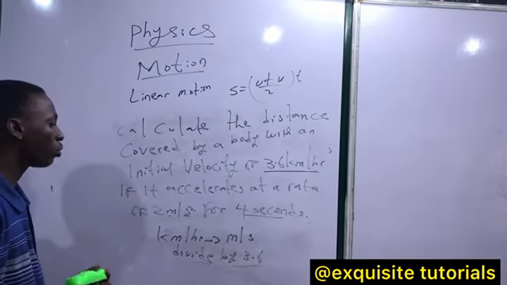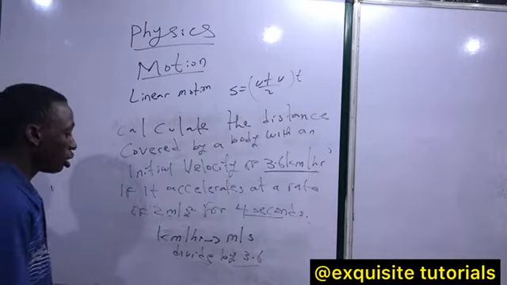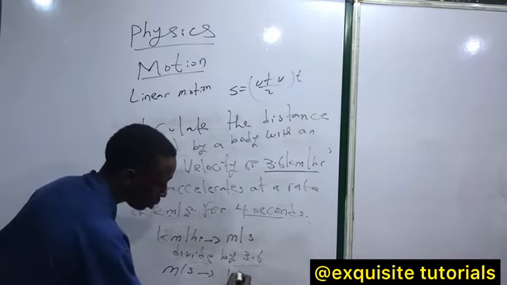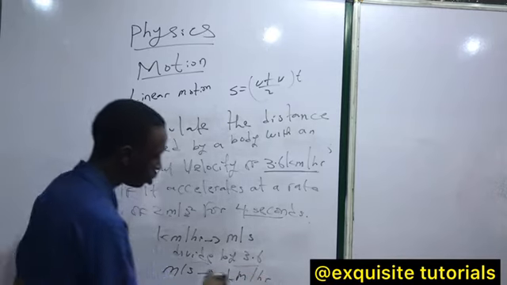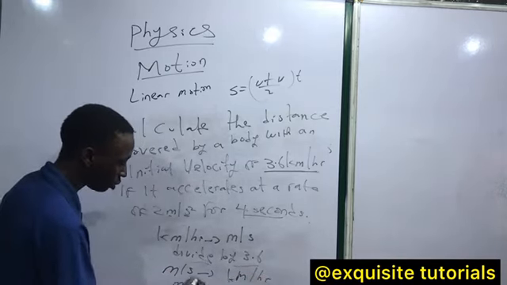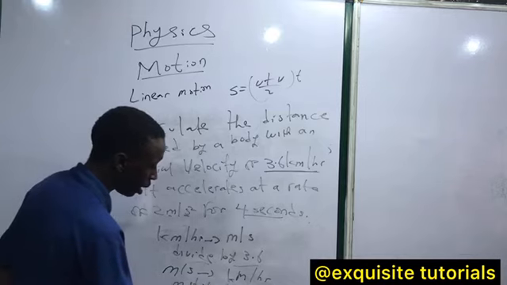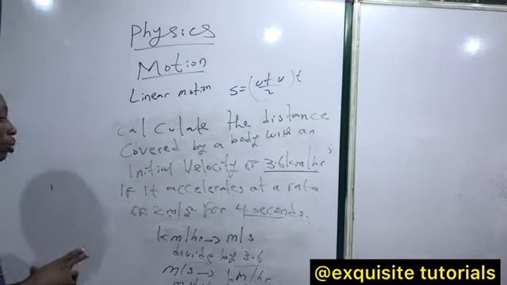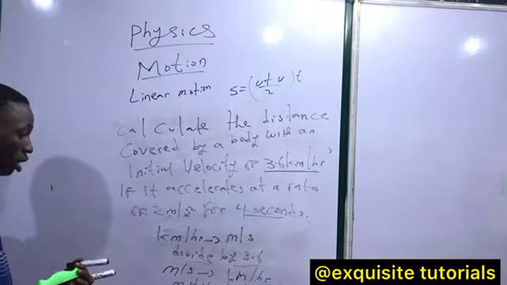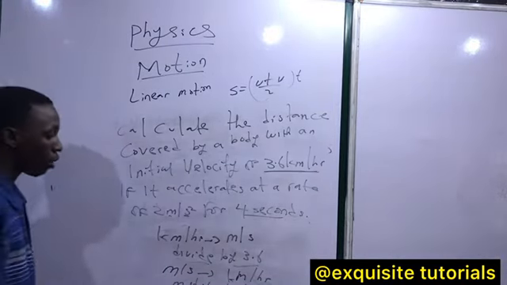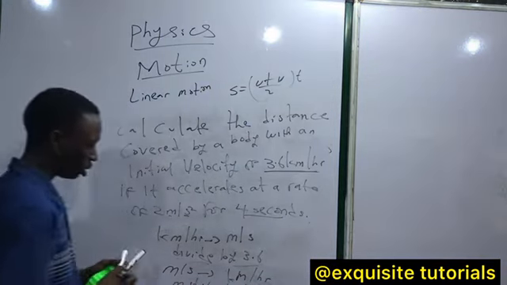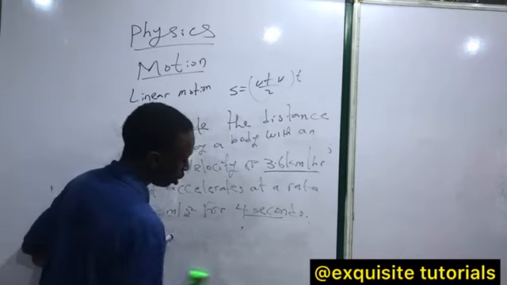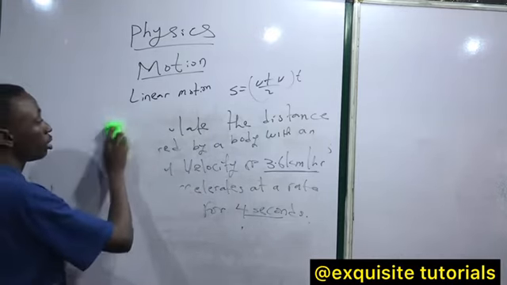But to convert from meter per second to kilometer per hour, we just do the opposite. We multiply by 3.6. So to convert from kilometer per hour to meter per second, we divide by 3.6. To convert from meter per second to kilometer per hour, what? We multiply by what? 3.6.